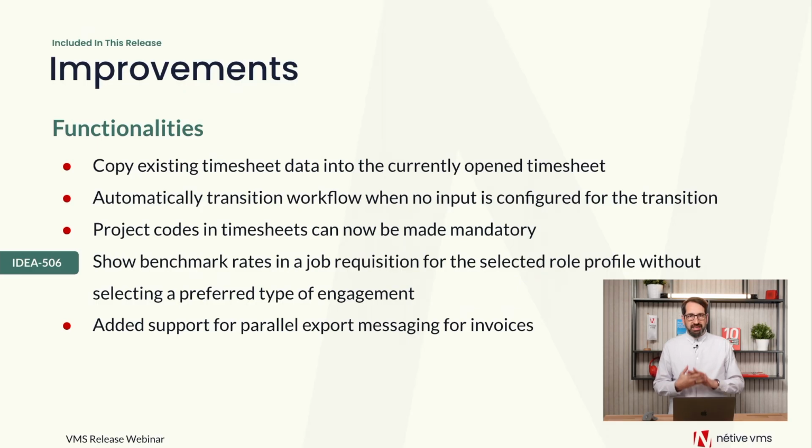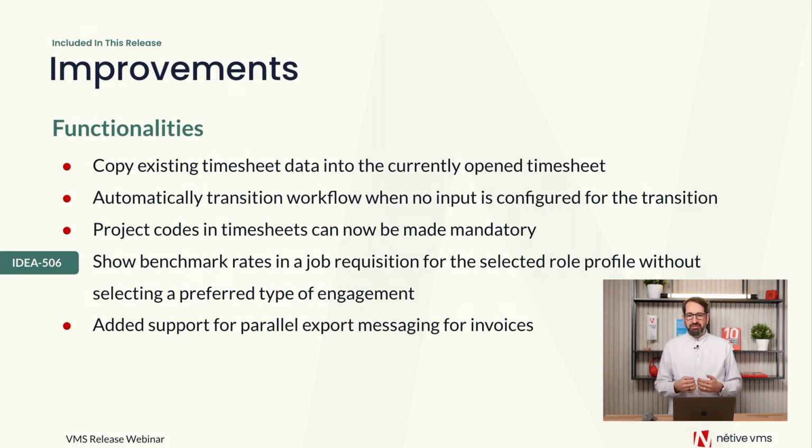And then finally, we added support for parallel export messages for invoices. In a previous release recently, we implemented this functionality for other objects. Now this is also available for invoices.